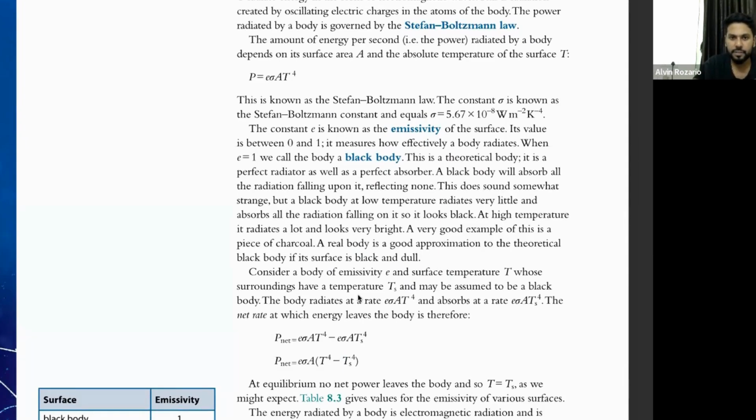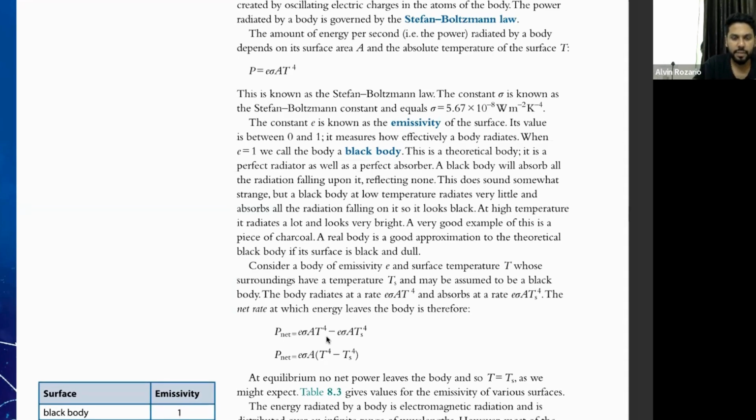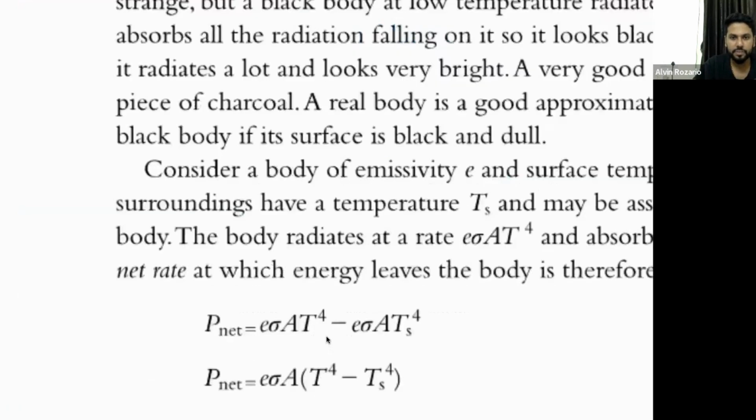Now consider a body of emissivity e and temperature T, whose surrounding is at temperature Ts and may be assumed to be a black body. The body radiates at this rate and absorbs at this rate. The net rate at which energy leaves the body is this. Why are we taking into consideration the net rate?